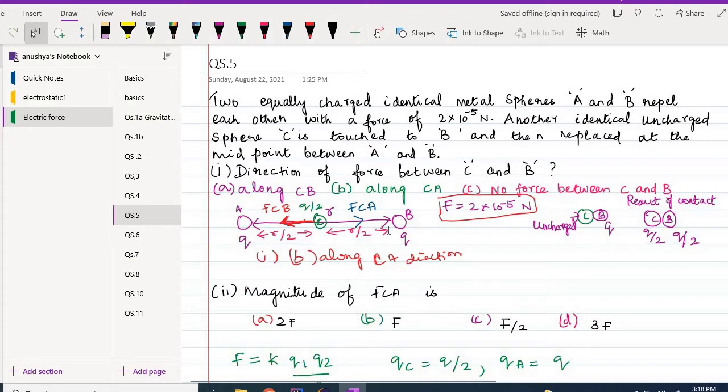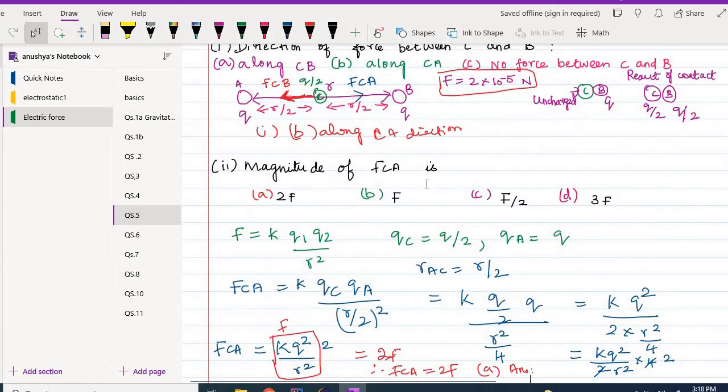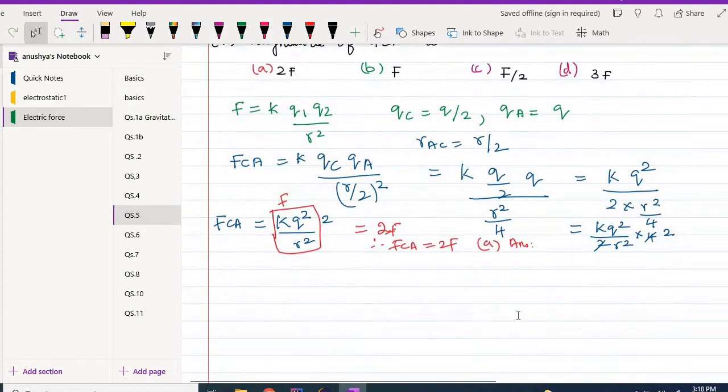B and C are both positive, so C experiences a repulsive force due to B and is repelled away, along the CA direction. Now what is the magnitude of FCA? By Coulomb's law, FCA is equal to K into QC QA divided by the distance between them. QC is Q by 2 and QA is Q. Just substitute it and we get the answer as 2 times F.